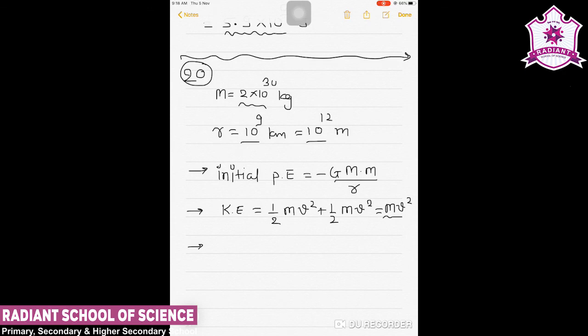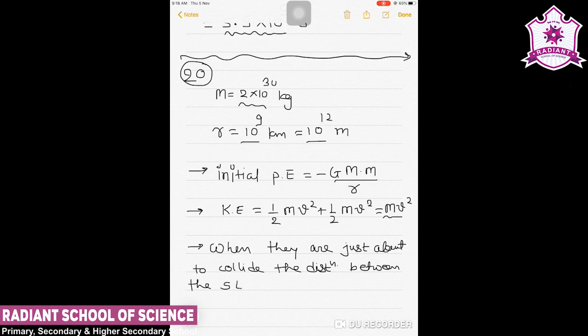So when they are just about to collide, the distance between the stars will be r dash equals r plus r, that is 2r.